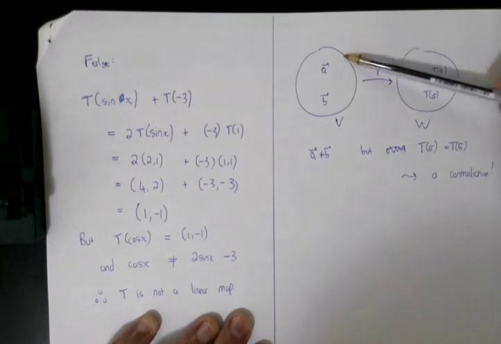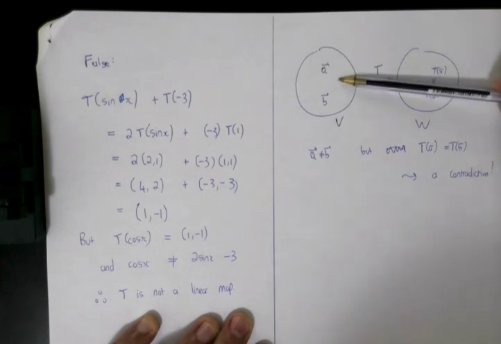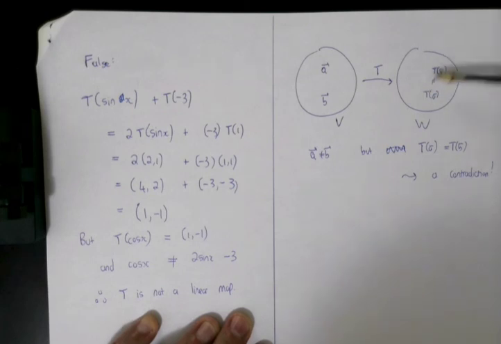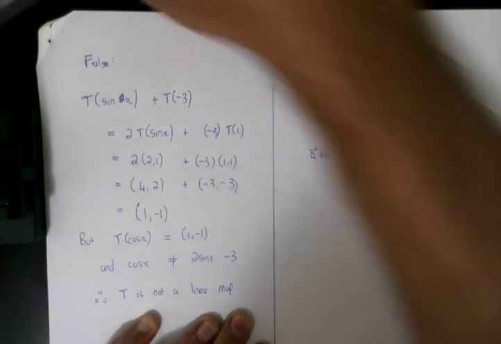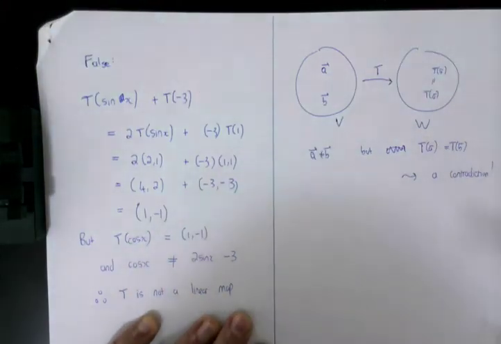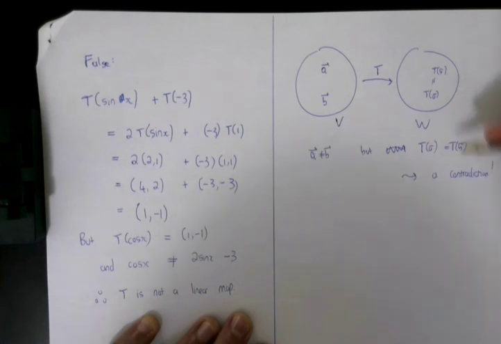For example, you could map all the vectors to the zero vector, and then every vector gets mapped to the zero vector. That's totally okay, right? So what would be a problem is if you had it the other way around.